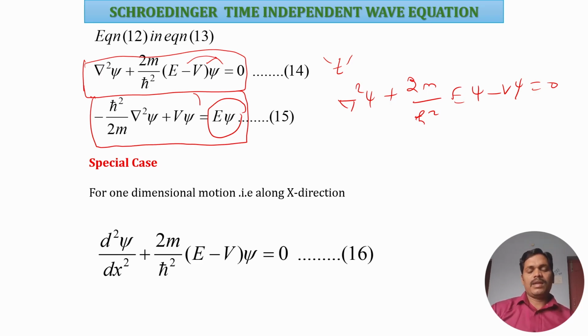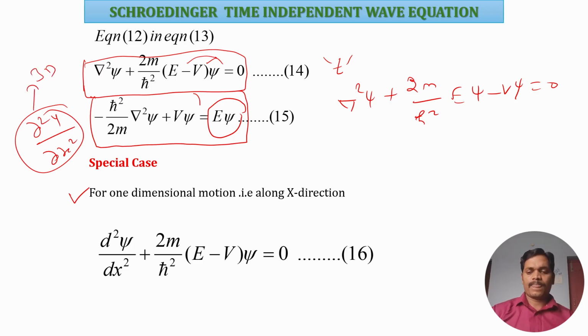And this is for three-dimensional propagation. If you are using dou square psi by dou x square plus dou square psi by dou y square plus dou square psi by dou z square, it shows that it is three-dimensional.